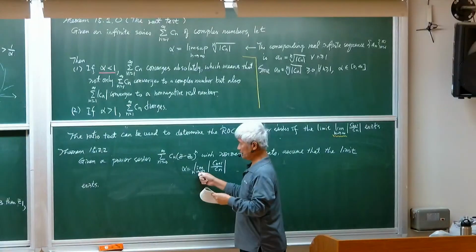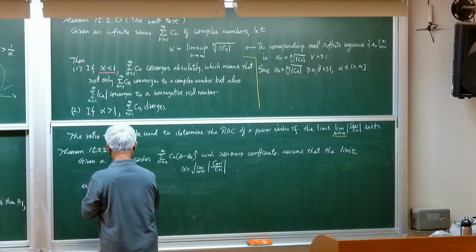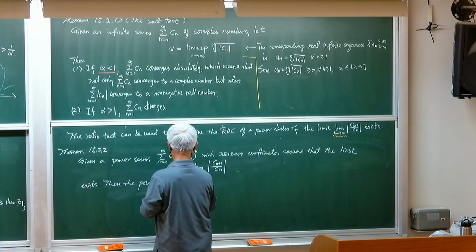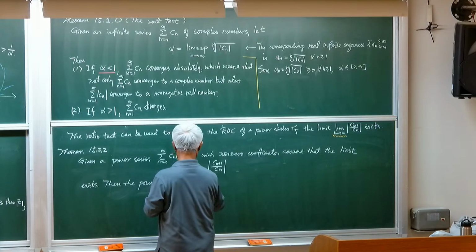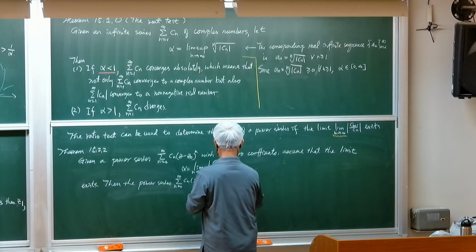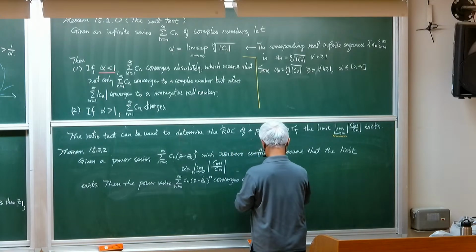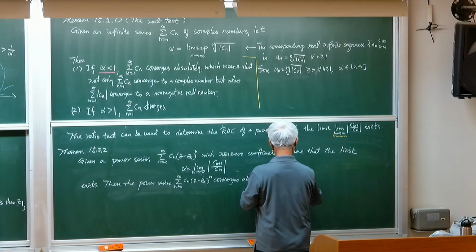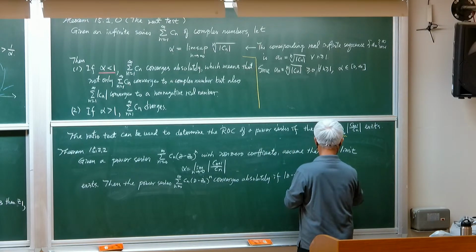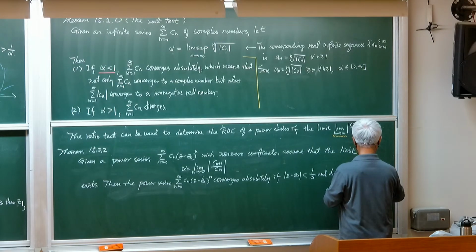Okay, so if the limit exists, then the power series converges absolutely if |z minus z0| is less than 1 over alpha and diverges if |z minus z0| is greater than 1 over alpha.